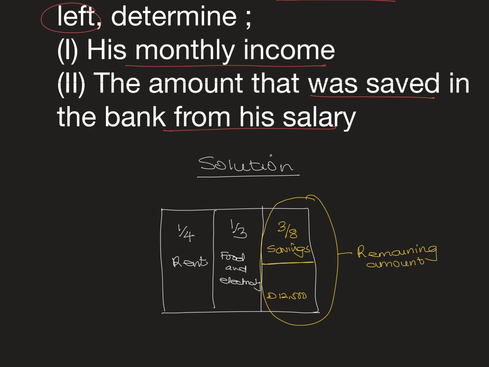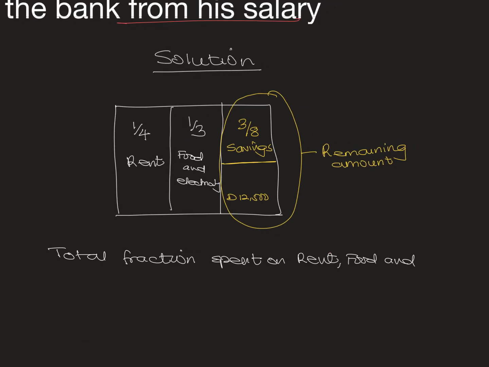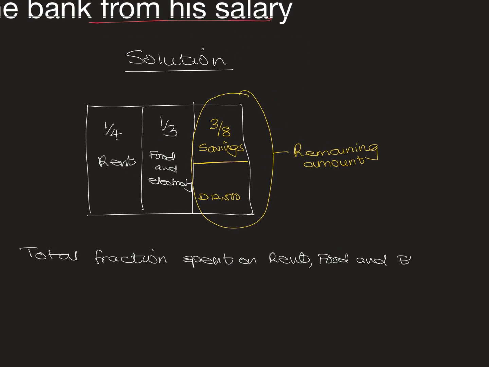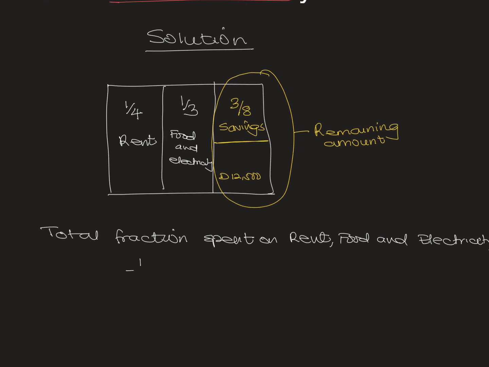So it means that there has to be a fraction that corresponds with the amount that was left with the principal. First, let me find the total fraction spent on rent, food and electricity. Total fraction spent on rent, food and electricity would be 1/4 plus 1/3.